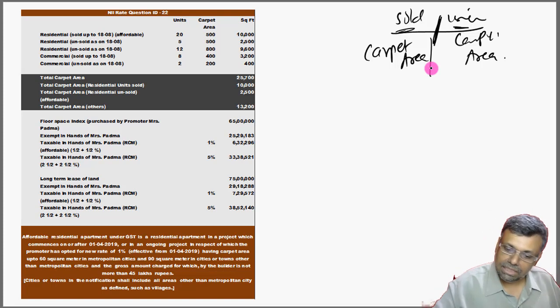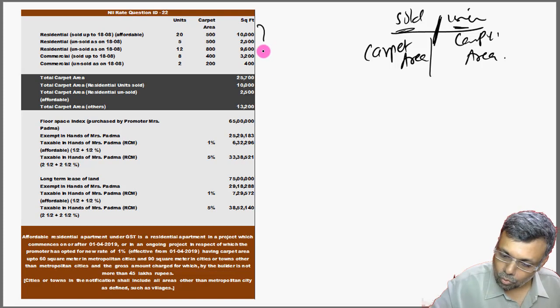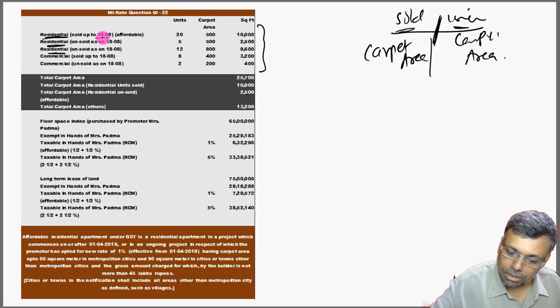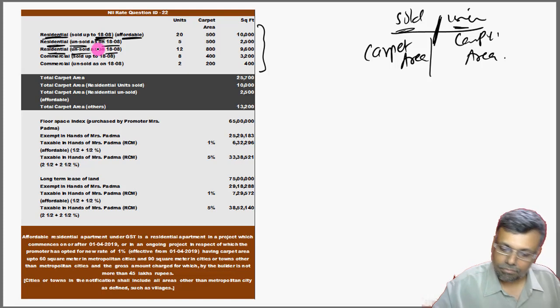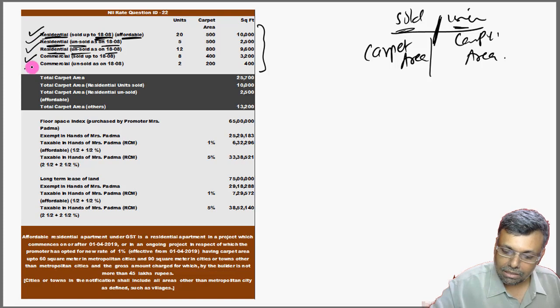Okay. So imagine this way, that in my particular example, this is my total carpet area. This is residential, sold up to some cutoff date, and unsold as on the cutoff date. I've given you the residential and then the commercial.